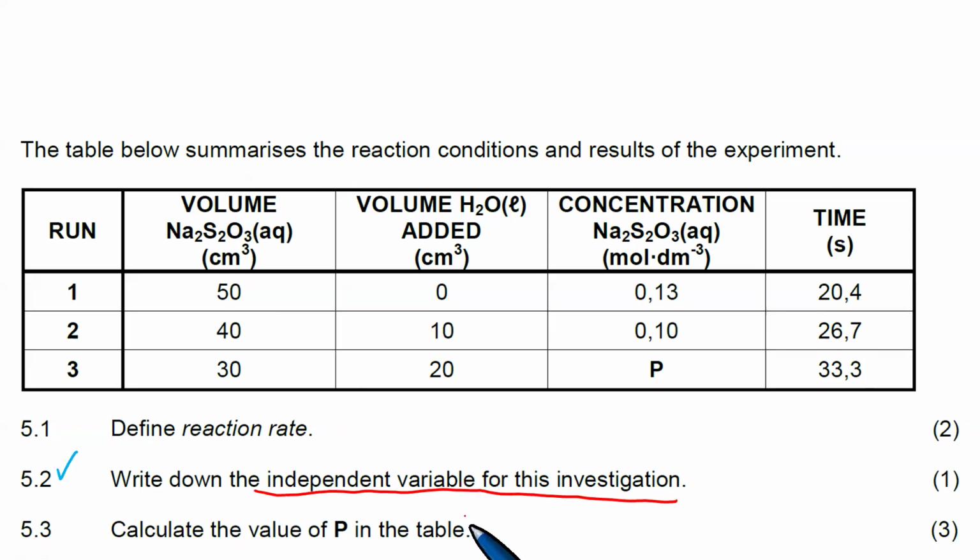Now, if you check carefully, you're able to see that at this point the concentration was 0.13. Then the concentration becomes 0.10. And then the concentration becomes something P. But also the times increase this way. So it is clear that in 5.2, concentration is the independent variable.